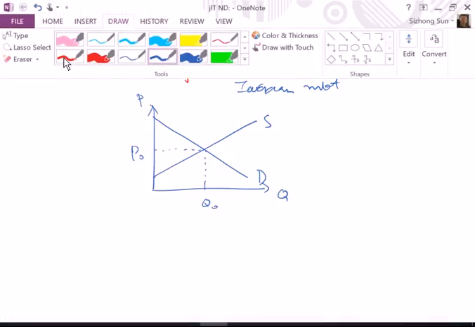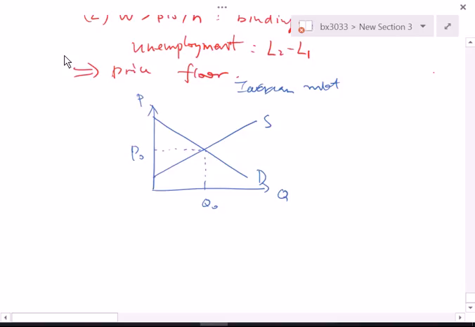If the government says that the price of ice cream cannot be higher than this level, $2 per ice cream, then clearly this price setting is not binding, because the equilibrium price is already higher than $2 per ice cream.